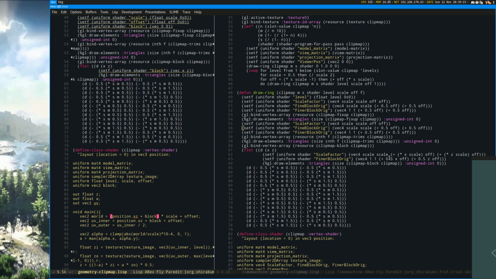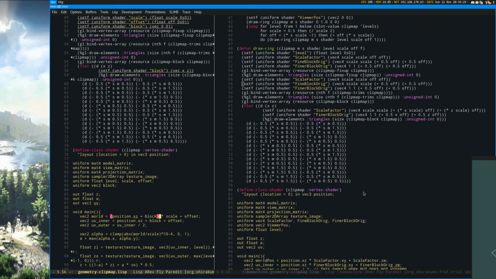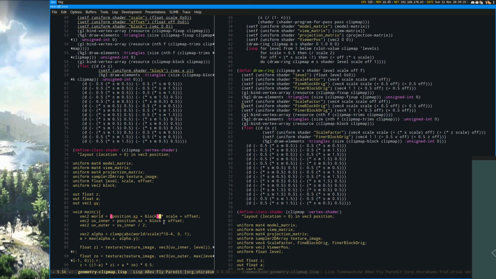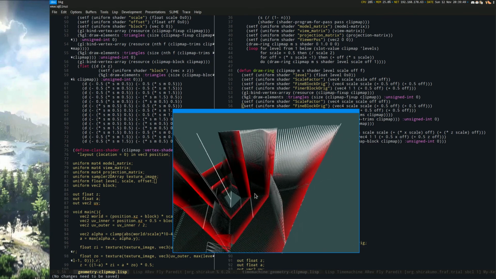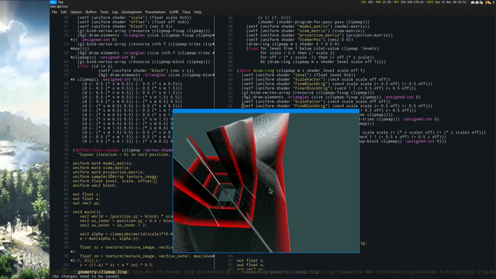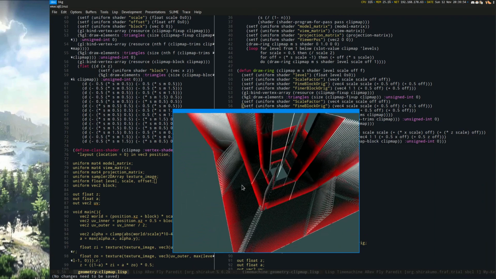And then for the inner ones, it's 0.5 plus X plus offset. So that's, hey, we got it back. Alright, sweet. That simplifies things greatly.